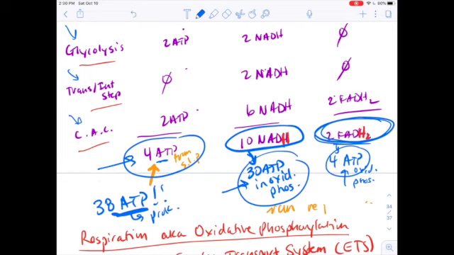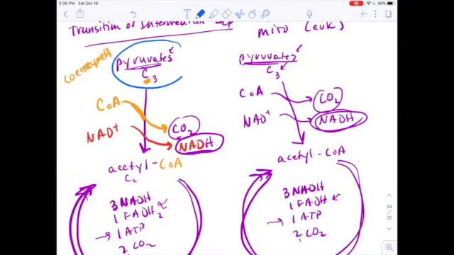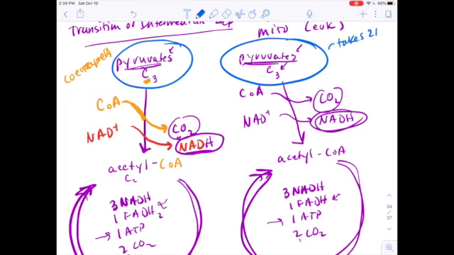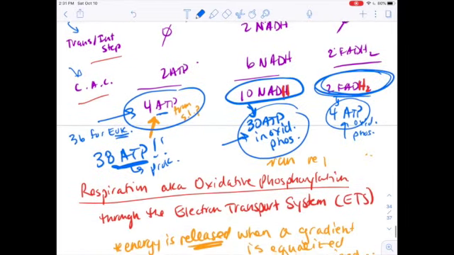It's only 36 for eukaryotes, and that's because it takes 2 ATP to get these pyruvates into the mitochondria. So it's going to be a little less for eukaryotes than for prokaryotes, bacteria.